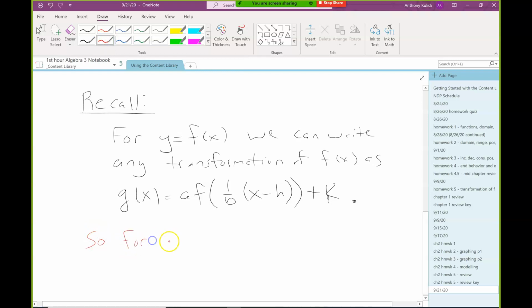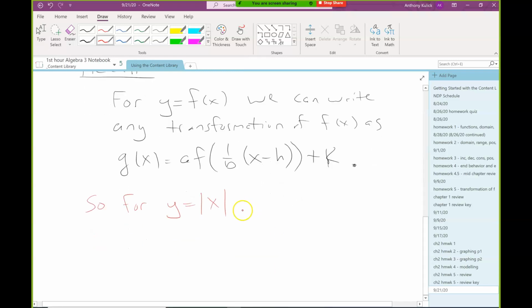So for an absolute value function, the f of x that we're talking about is just the simplest absolute value function we could write, which would just be the absolute value of x. That means that our g of x then would be a times the absolute value of 1 over b x minus h plus k.